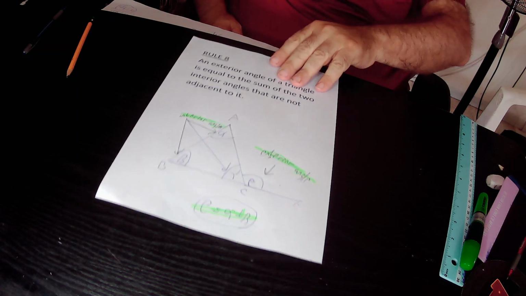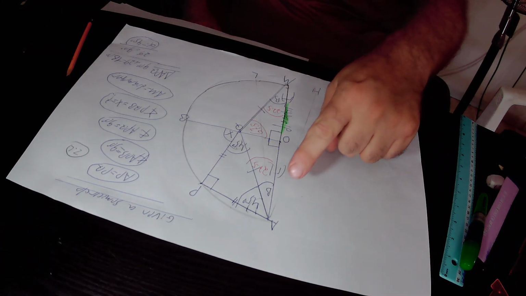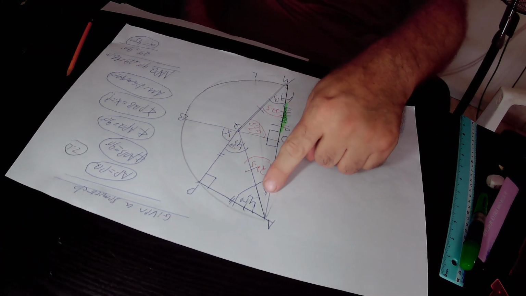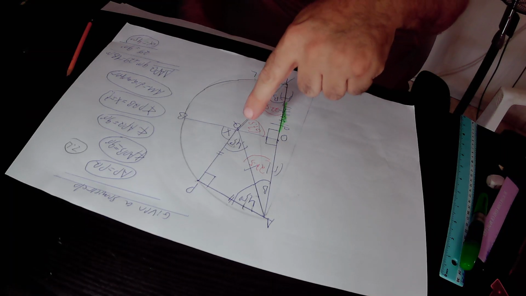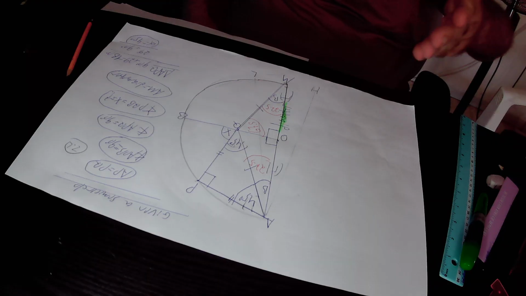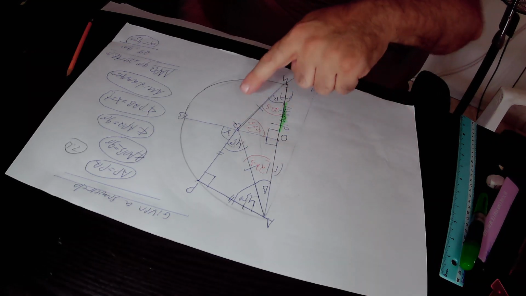Okay, so we can implement Rule 8 in our drawing. Why? Because in our drawing, if we relate to the big associated triangle AQM, this is angle AQP that is defined as an exterior angle because it is located outside the associated triangle AQM.